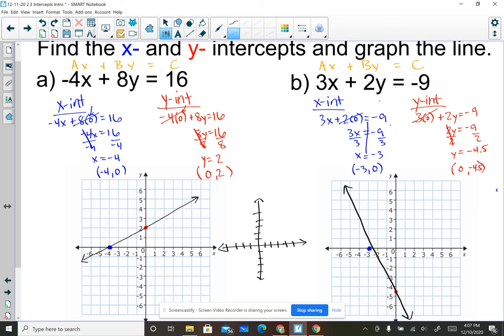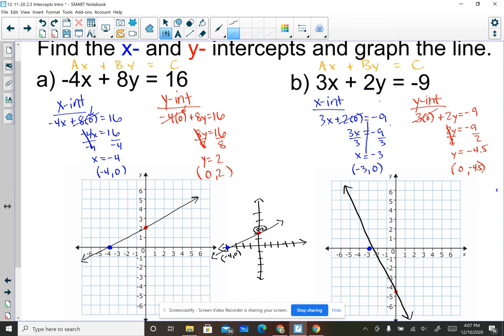So if I were graphing this one, negative 1, 2, 3, 4. That would be my first one. And my second one would be 2 for my y-intercept. Then you would just make your line there. So that's how you would do it. And you probably should even put a negative 4 here and a 2 here so we can see those values. Negative 4, 0 and 0, 2.